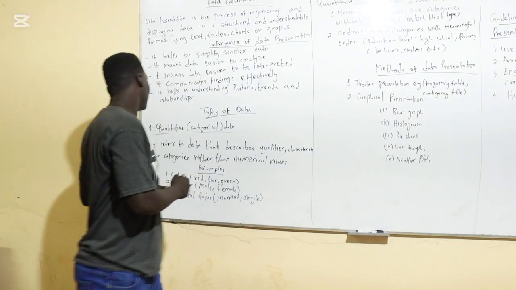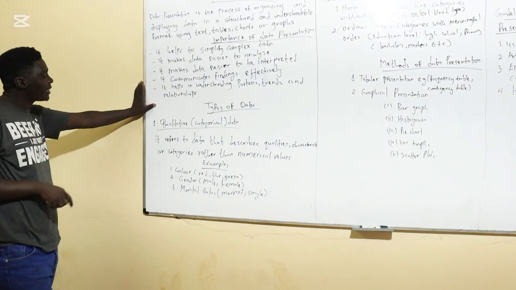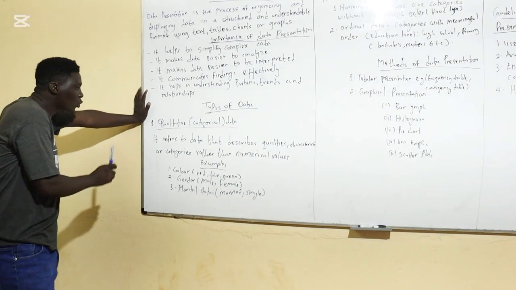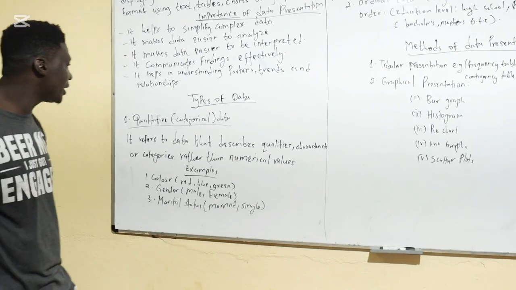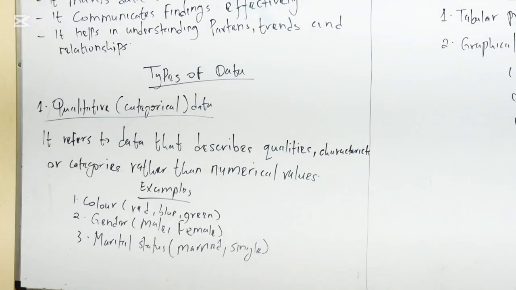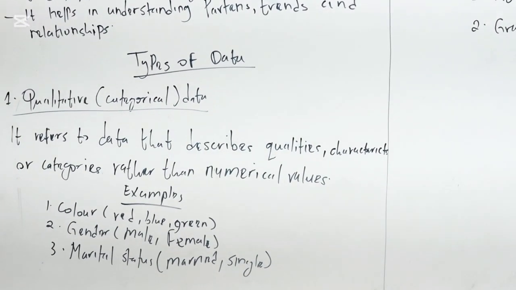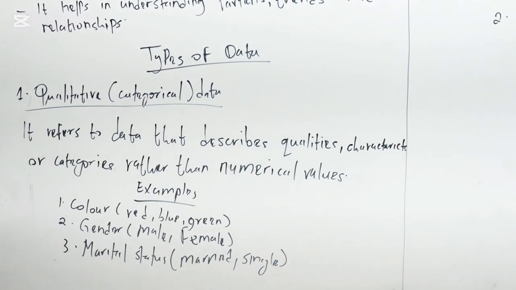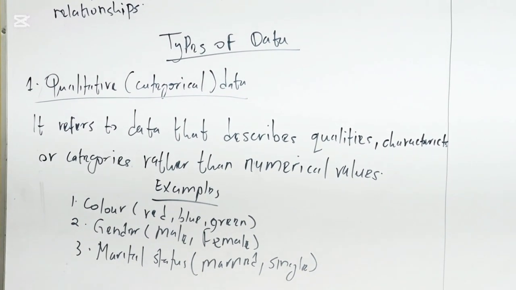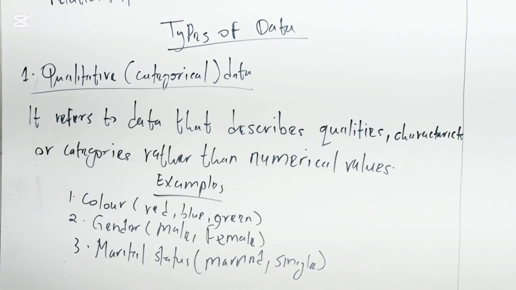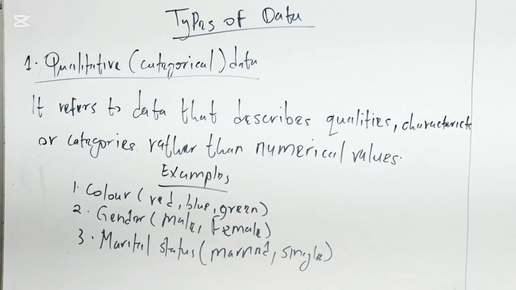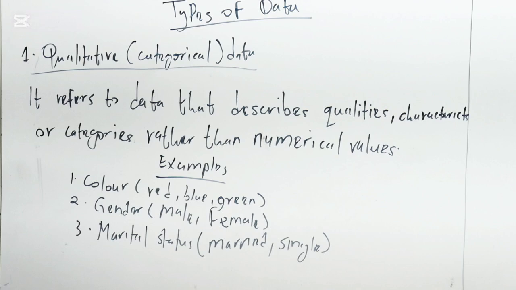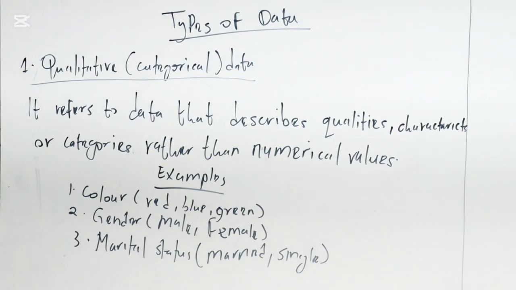Qualitative data refers to data that describes qualities, characteristics, or categories rather than numerical values. When you talk about quality, these are things that we can sense, we can feel.